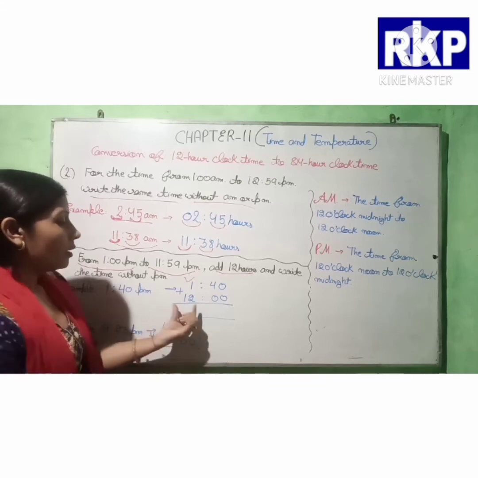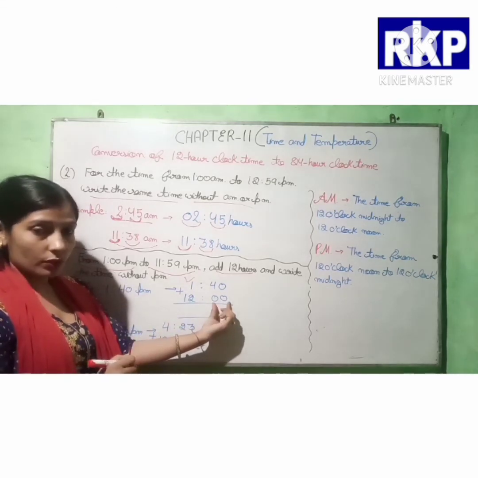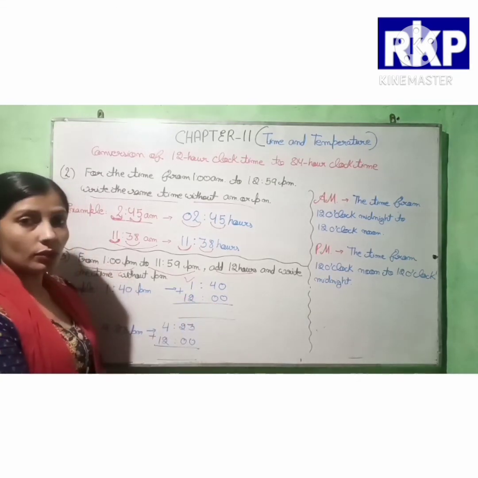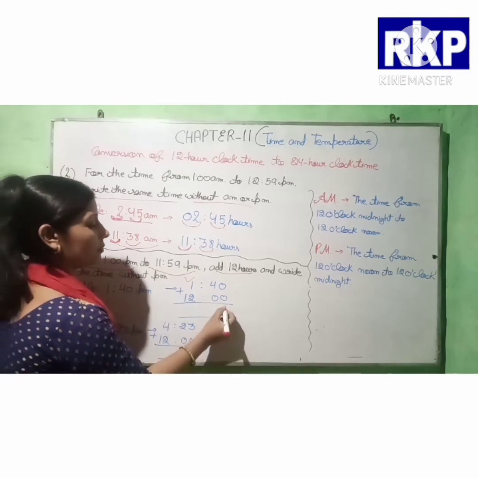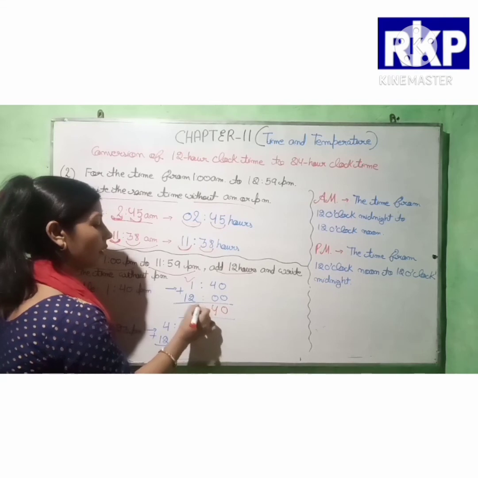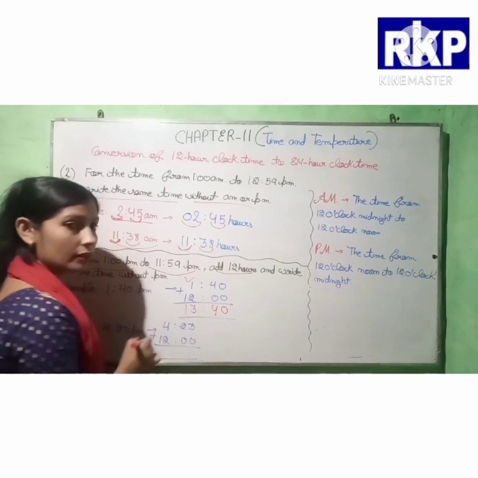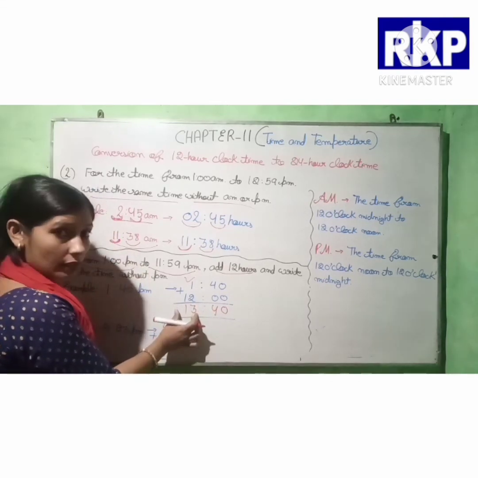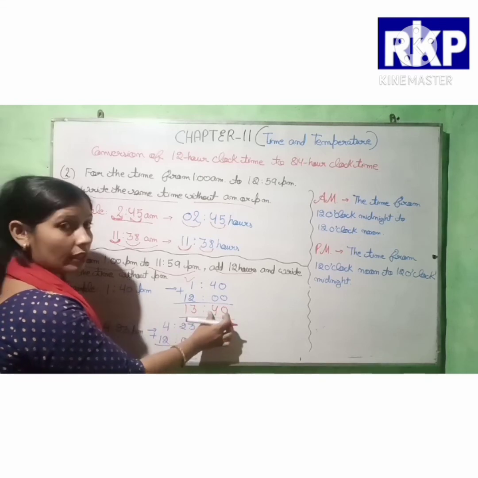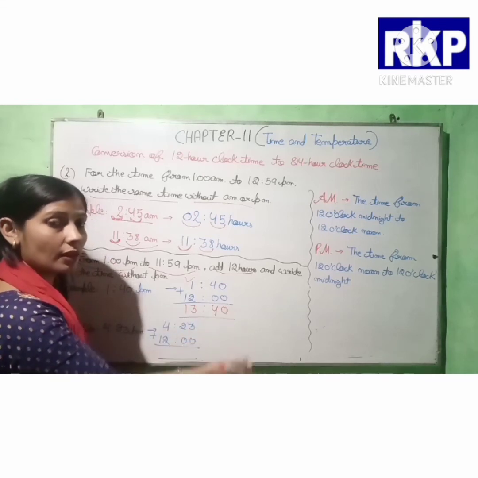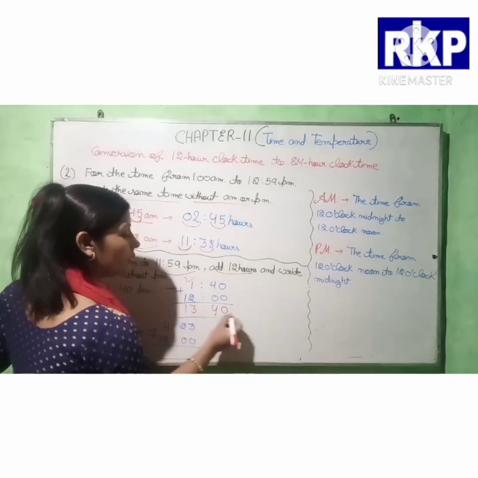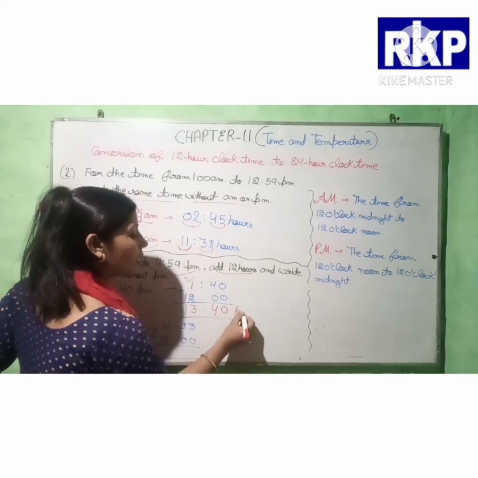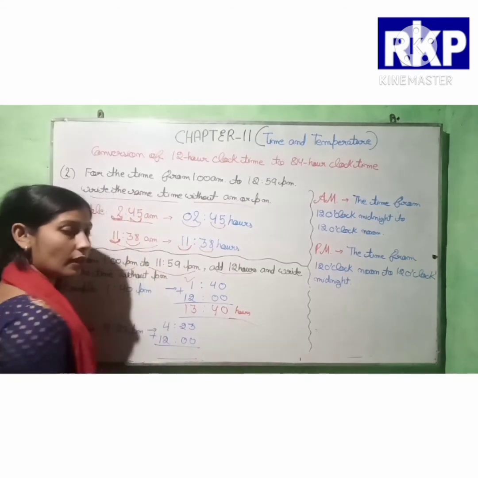Here we write 0, 0 and here 12. So what is the answer? 13 hours 40 minutes will be our answer, or you can say 13:40 hours.